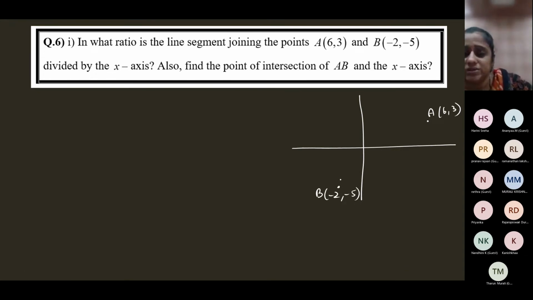All of you make this representation. All of you. Can you see? The join of the points A and B intersects both the x and y axis. So that's the question.